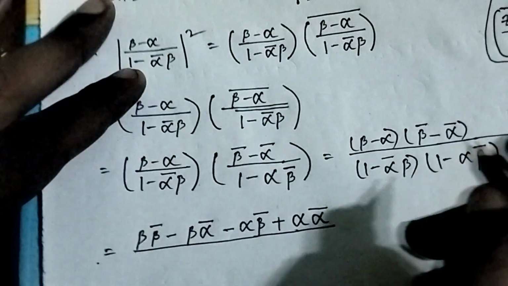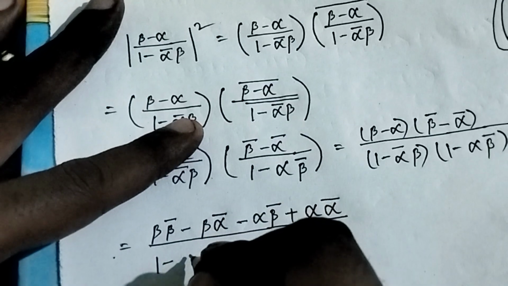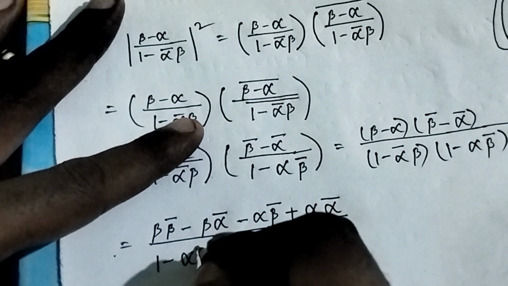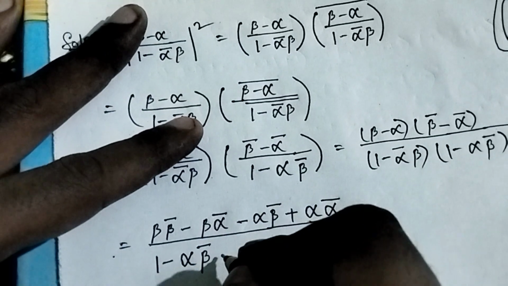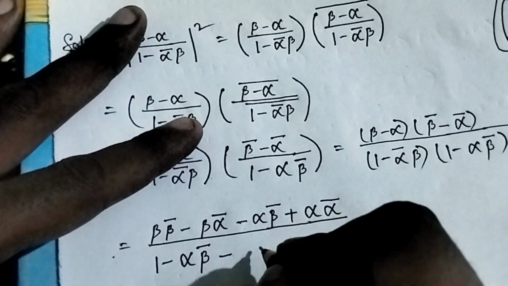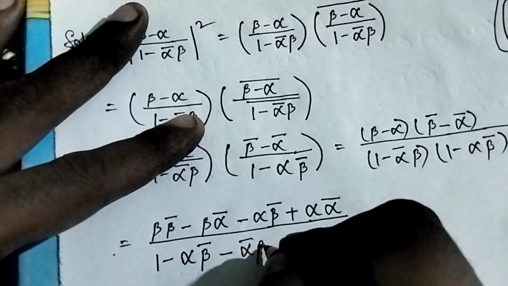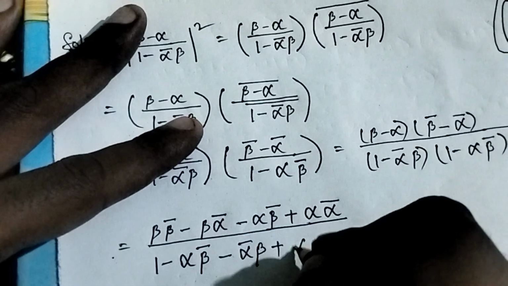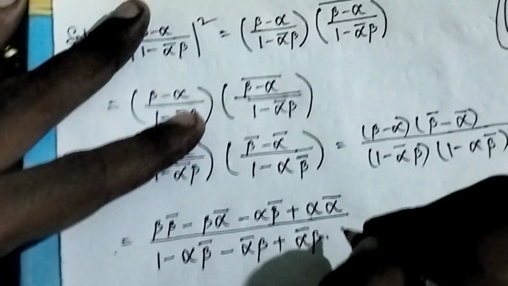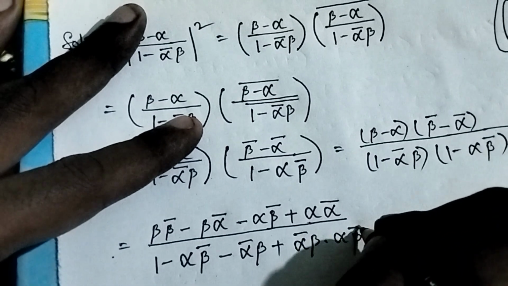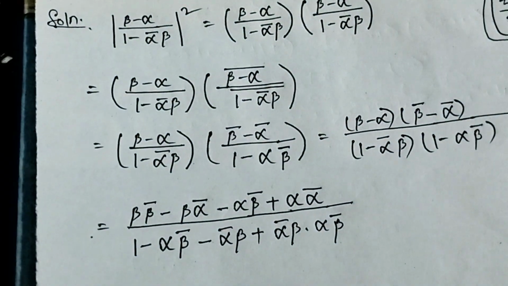And this will be 1 minus alpha beta conjugate minus alpha conjugate beta plus alpha conjugate beta into alpha beta conjugate.